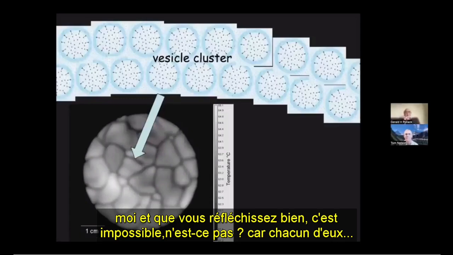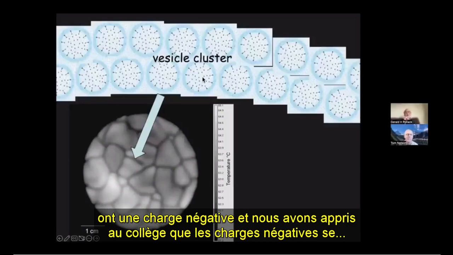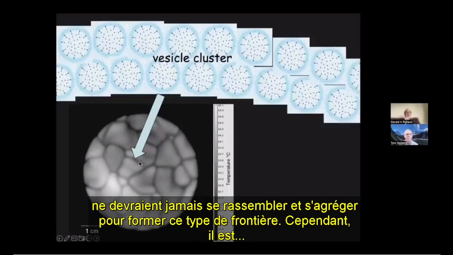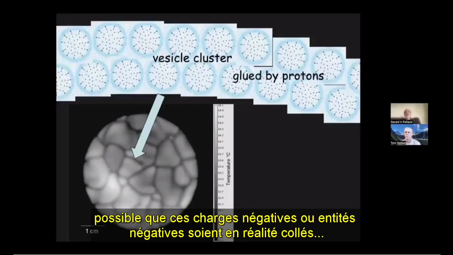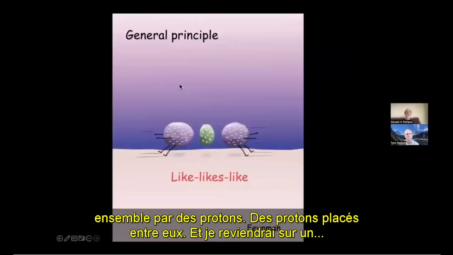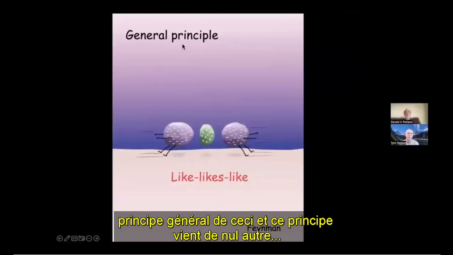Because each one of these has negative charge. And we learned in middle school that negative charges repel each other, and therefore this should be repelling this, and it should never get together and aggregate to form this kind of boundary. However, there is a possibility that these negative charges or negative entities are actually glued together by protons sitting in between them.